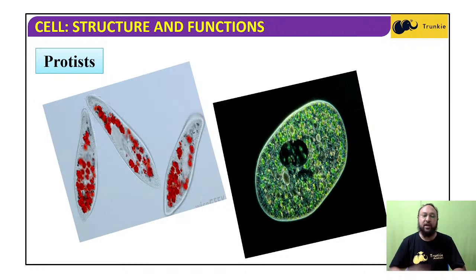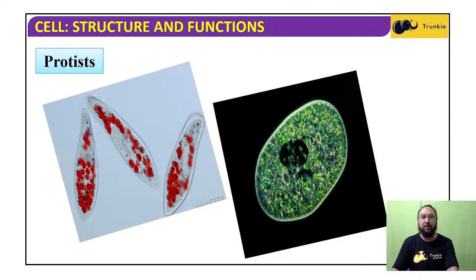Kingdom Monera means organisms with prokaryotic cells. That includes bacteria, cyanobacteria, mycoplasma, and PPLO that we studied yesterday. Kingdom Protista is also unicellular like Monera, but these are eukaryotic cells.